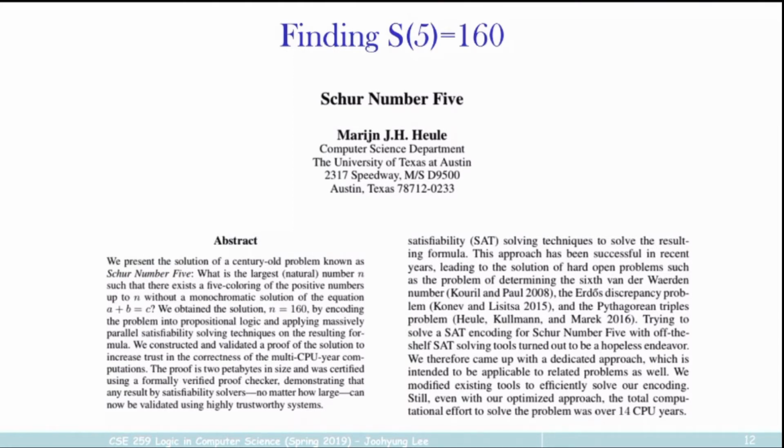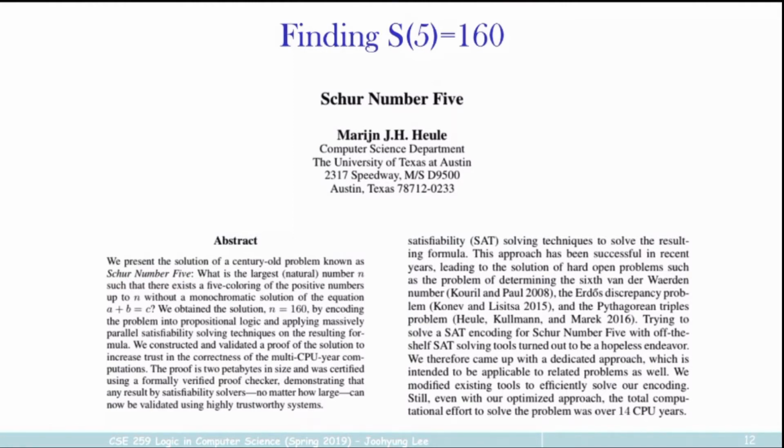We want propositional logic, right? Okay. And applying massively parallel satisfiability solving techniques to the resulting formula, we constructed a validated proof of the solution to increase the trust in the correctness of the multi-CPU computation. The proof is 2 petabytes in size and was verified using a formally verified proof checker.